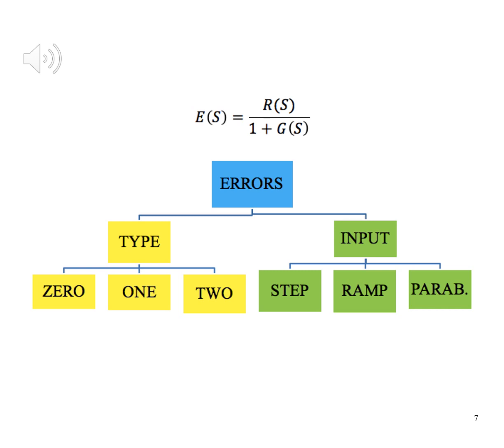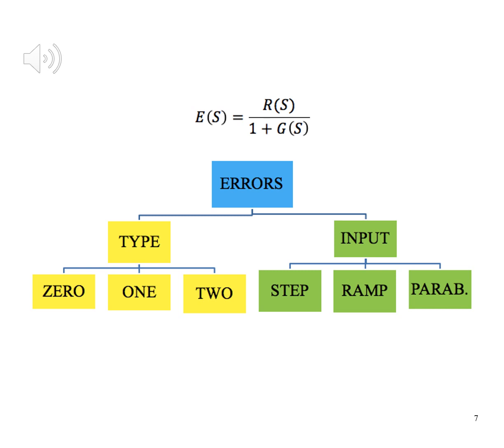Therefore, the denominator is 1 plus G of S for a unity feedback system. If we do not have a unity feedback system, this equation will change to E A of S equals R of S over 1 plus GP of S H of S. Okay?